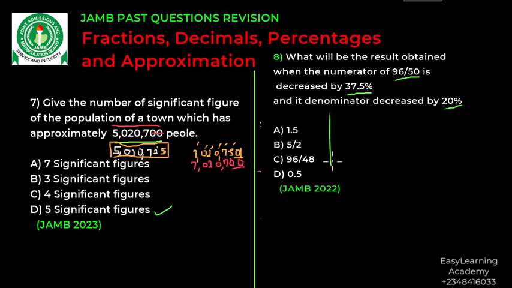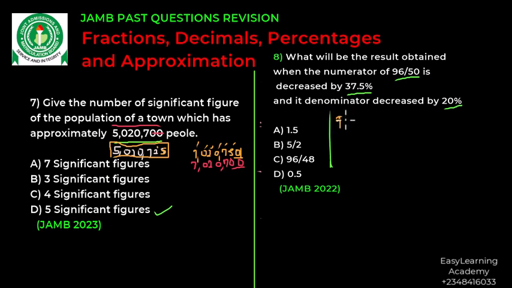All right, I want us to start solving it, so let me create a space for us. For us to have this, we need to understand. Let's have the fraction out first. The fraction is 96 over 50, right?